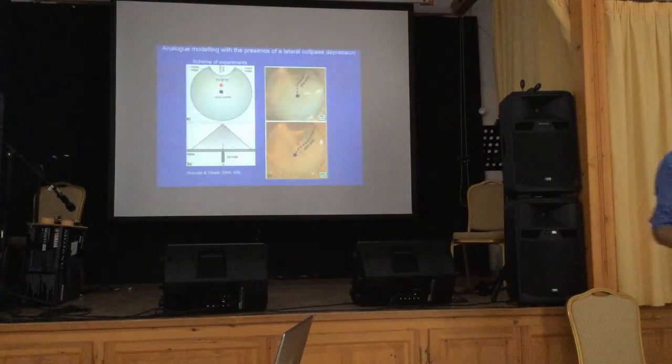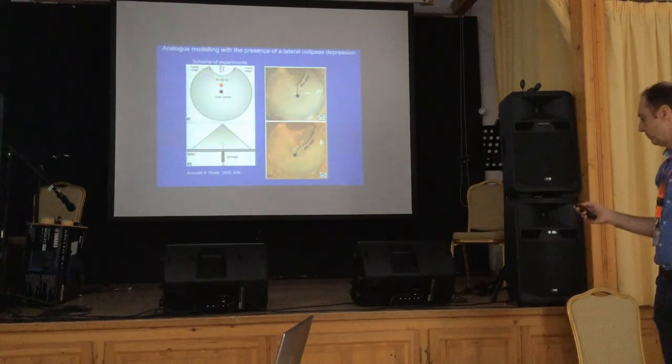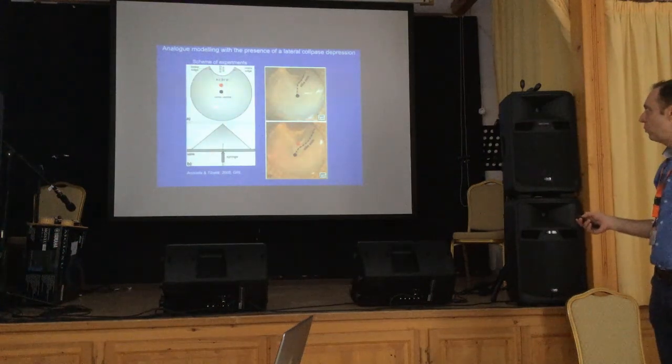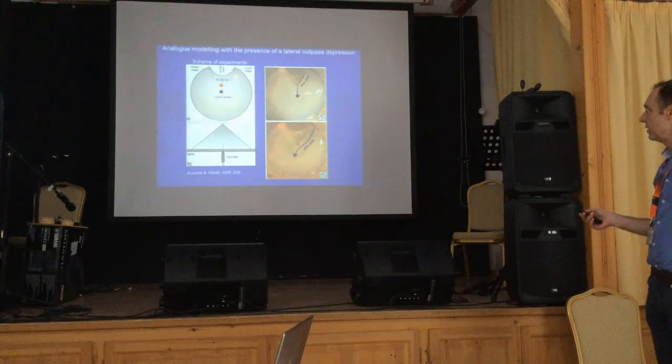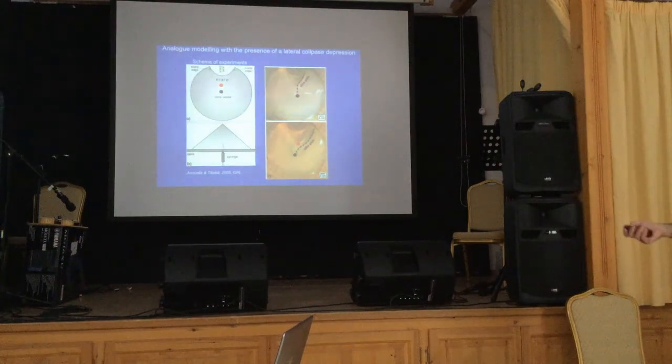We made also some analog experiments to confirm this interpretation, and this is a plan view of an analog experiment. We produced this analog of a cone and an amphitheater, a depression that should represent the lateral collapse of the volcano.